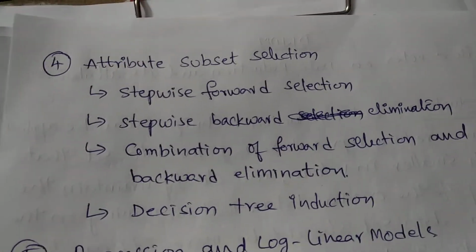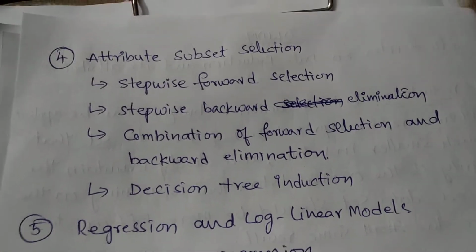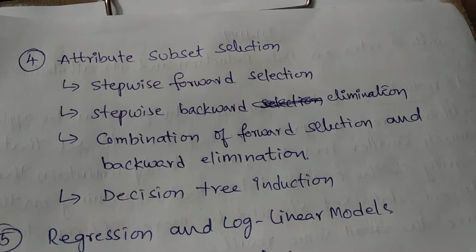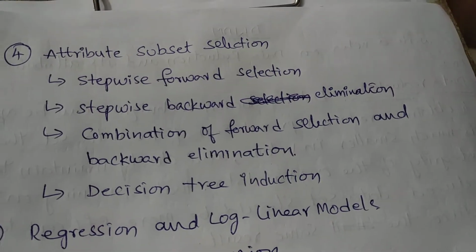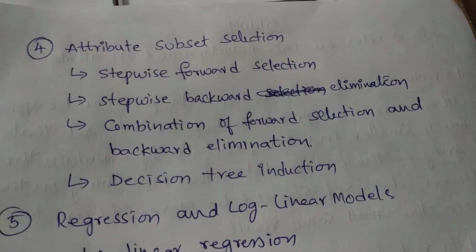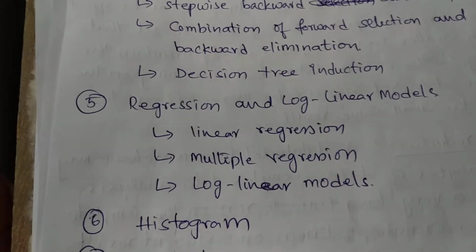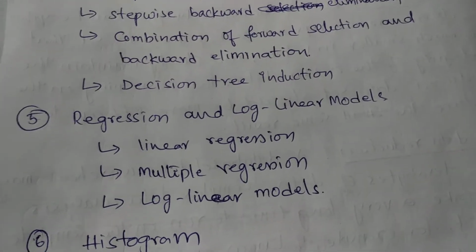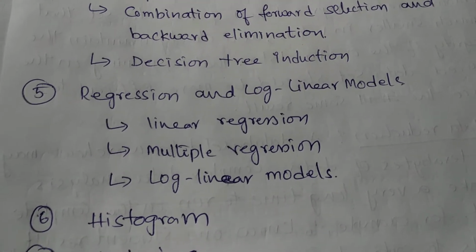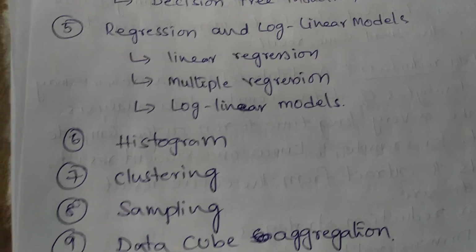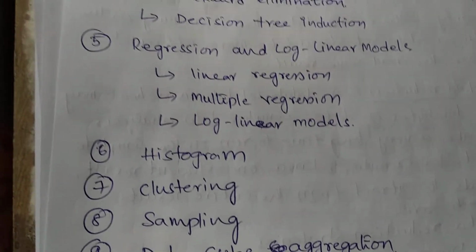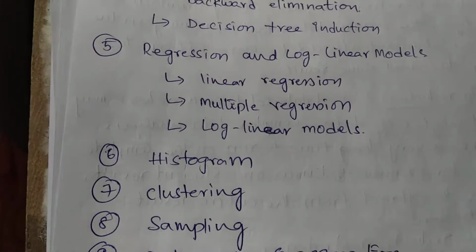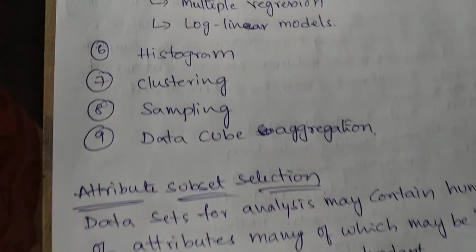Then attribute subset selection, where we have stepwise forward selection, stepwise backward elimination, a combination of forward selection and backward elimination, and decision tree induction. Next, regression and log-linear models: linear regression, multiple regression, and non-linear models. Then histogram, clustering, sampling, and data cube aggregation. These are the nine points you can use for data reduction.